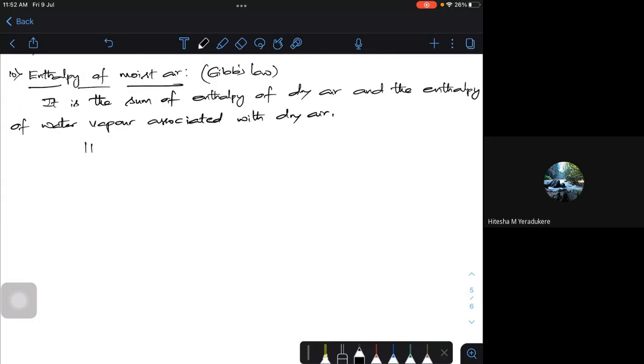If H is the enthalpy at any given point, it is actually HA plus HV. So that's the meaning of it. H is equal to HA plus HV. So this is the total enthalpy. If I try to write this in terms of specific enthalpy, this will be MA into HA plus MV into HV.